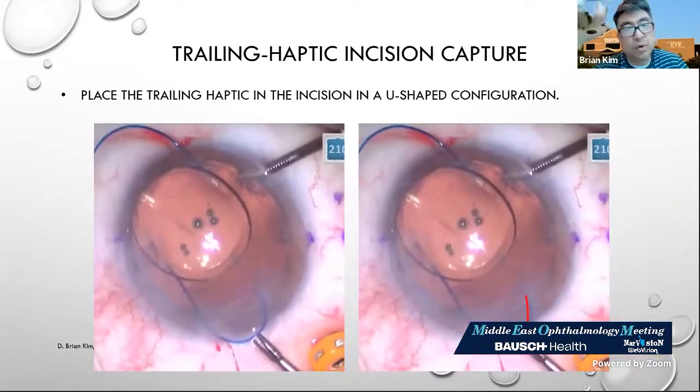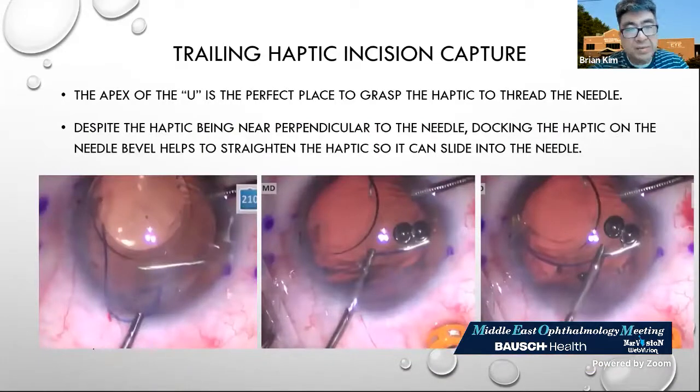And what makes it even easier is placing the trailing haptic through the incision in a U-shaped configuration. And then you're able to grasp the apex of the U, and it happens to be the perfect distance of haptic to thread the haptic into the needle.